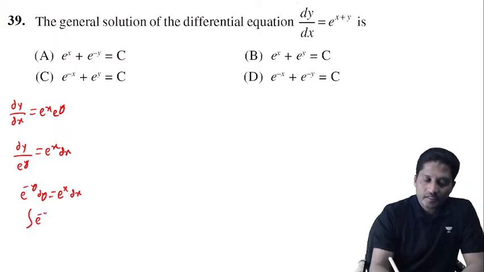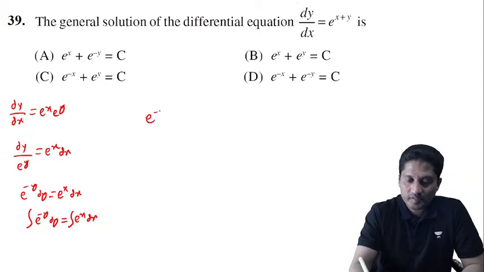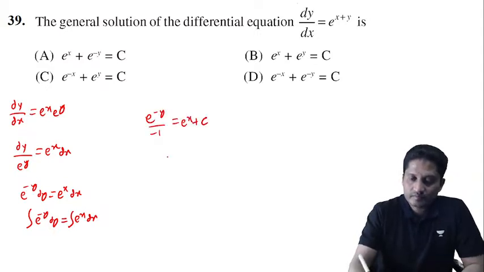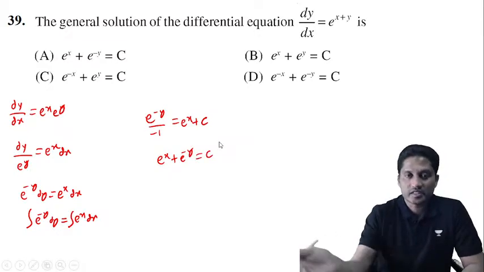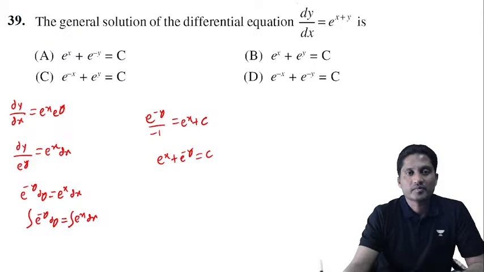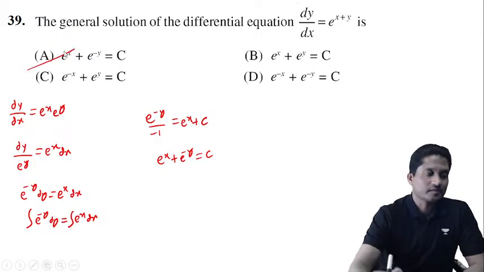Integration of e power minus y is e power minus y by minus 1. This is e power x plus c. That is, e power x plus e power minus y is equal to c. Minus c you shift on the right side, it is still c only. E power x plus e power minus y equal to c, first option.